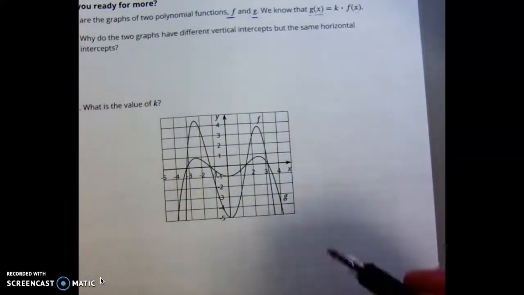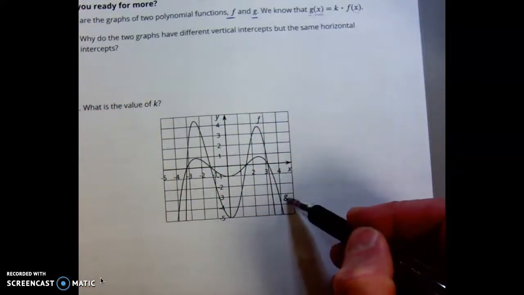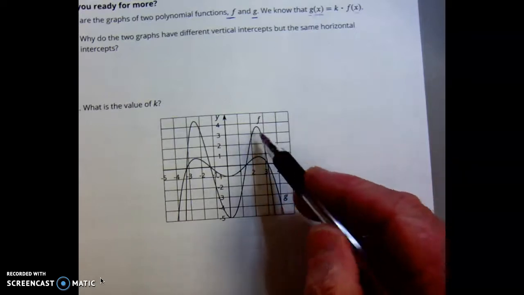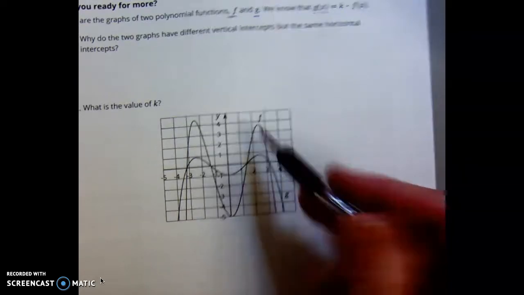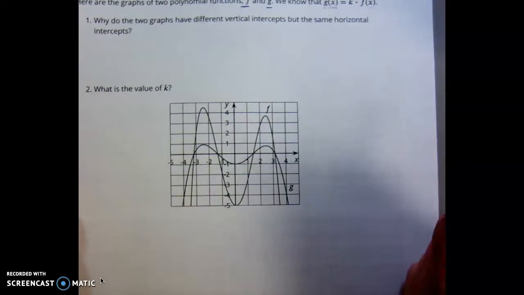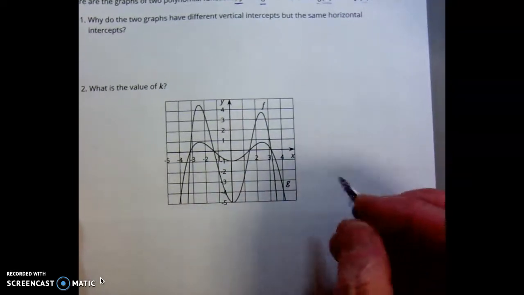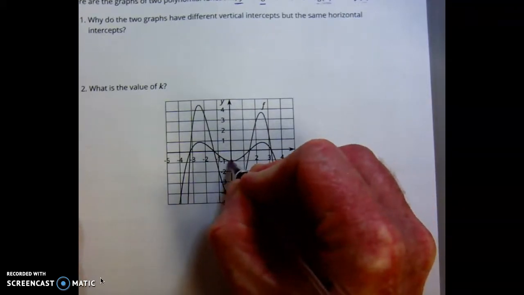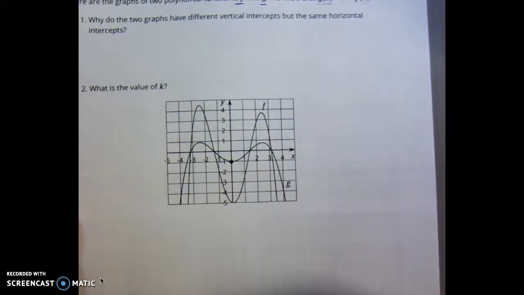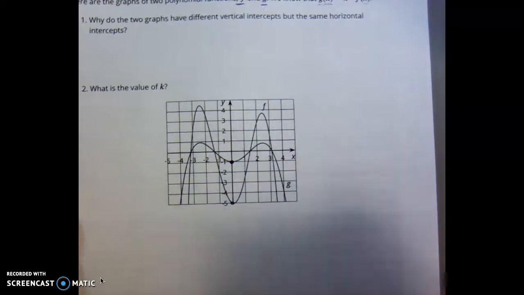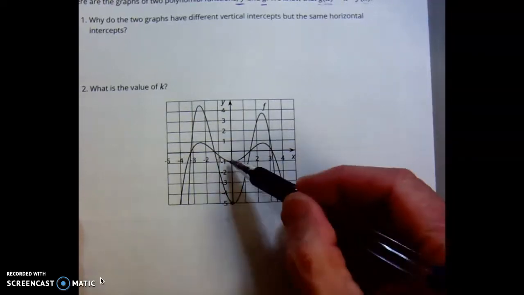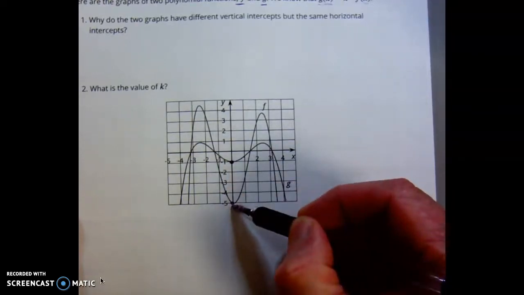Okay, or if I think the other way, I could multiply g by a whole number and that would make it get bigger. Okay, and you can actually tell what one might be multiplied by to get the other one. Pick a point. That point right there turns into that point right there. So negative 1 turns into a negative 5.